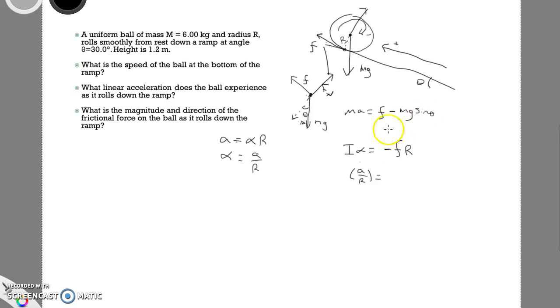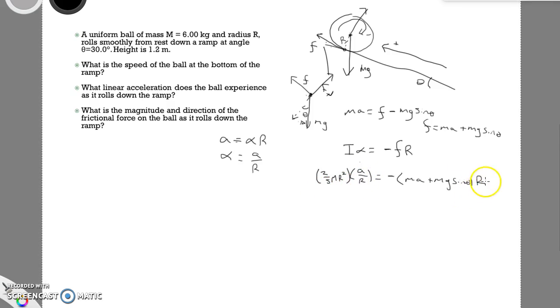All right, we can solve this for friction, so F is equal to MA plus mg sine theta. We'll put that in here. And then finally for I, our moment of inertia, we're going to use 2/5 mr squared, since it is a sphere.